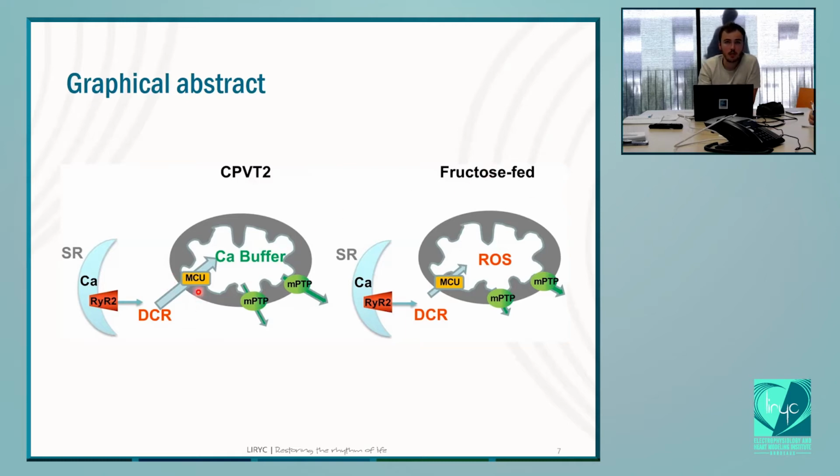They are going to focus on the entry of calcium through the MCU and on the exit of calcium through the MPTP. They are going to manipulate those calcium flows with kaempferol, which is an activator of the MCU, with ruthenium 360, which is an inhibitor of the MCU, and with CsA, which is an inhibitor of the MPTP.